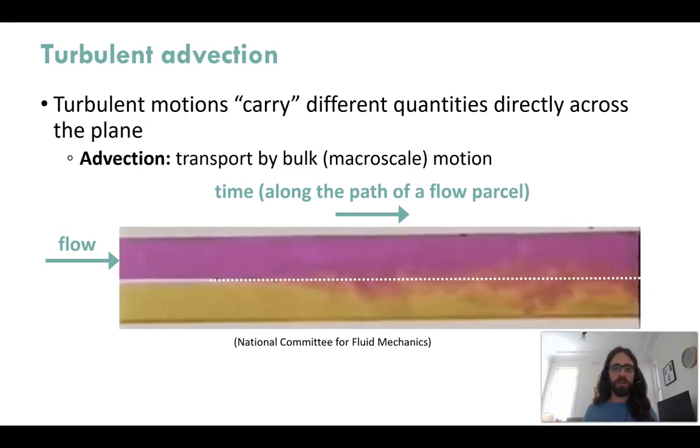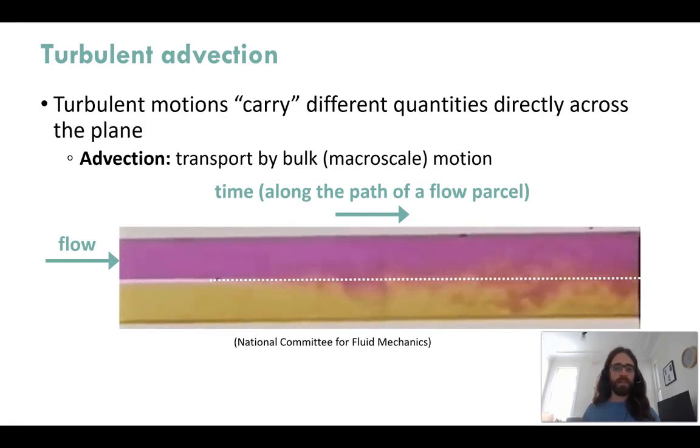And so these turbulent motions that go in various directions include ones that move vertically across the plane, so you get yellow regions of fluid moving up into the pink region, and vice versa, pink regions moving down into the yellow region. This motion that carries the different quantities, so the different colors in this animation, represents something known as advection, which is transporting portions of the fluid by a bulk or macroscale motion.